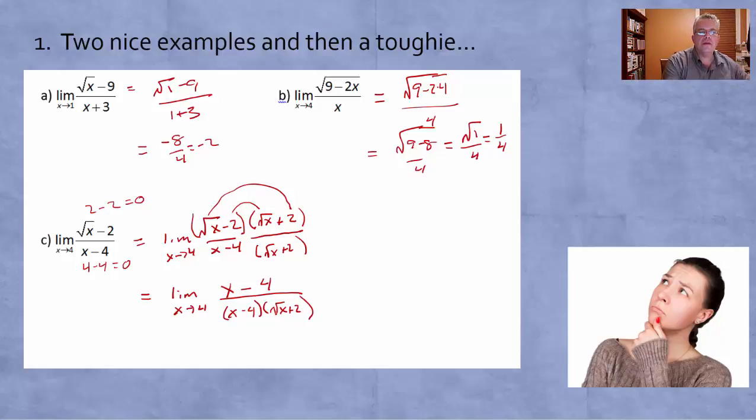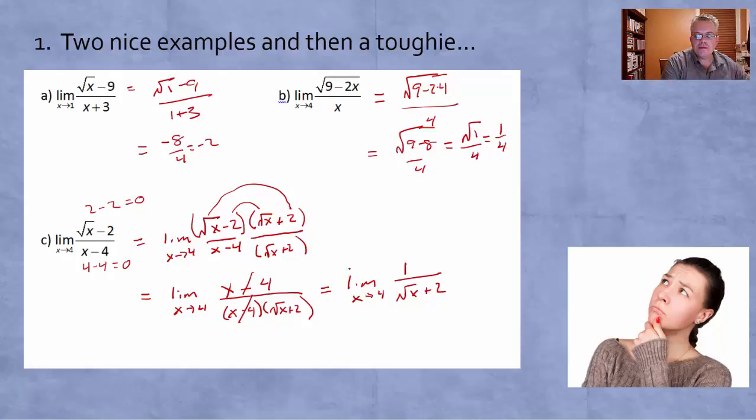Now both have a factor of x minus 4, and we can cancel it. There's a hole in the graph there, but that doesn't affect the limit. So the limit as x approaches 4 of 1, when I cancel the factor x minus 4, I'm left with 1 over square root of x plus 2.